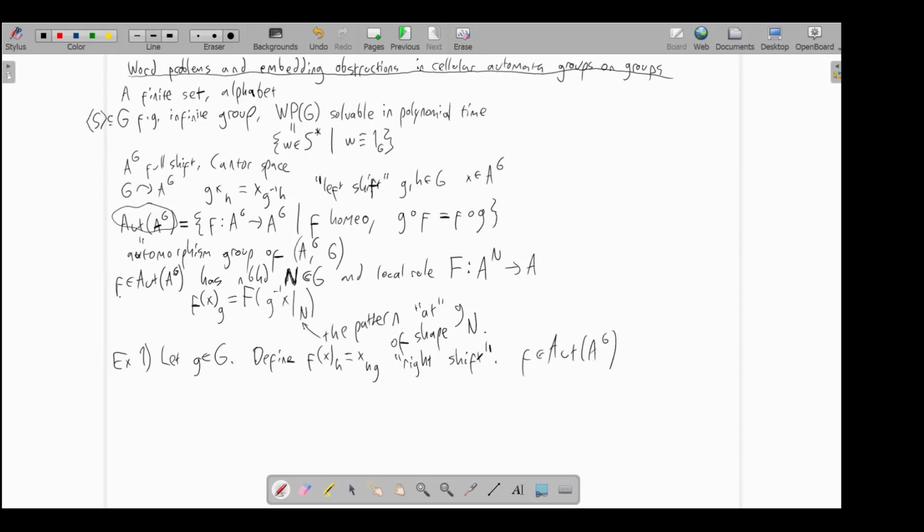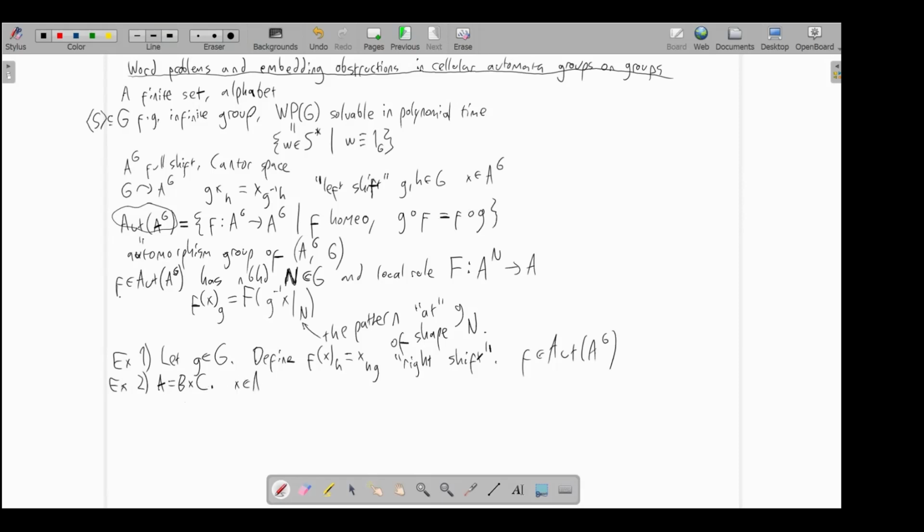And then a somewhat less trivial example, which is sort of related to what I'm doing here. Let's take A to be a product alphabet. So this is just a finite set again, and now B and C are themselves finite sets.